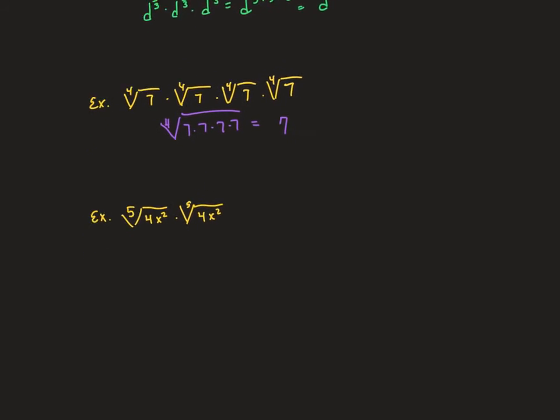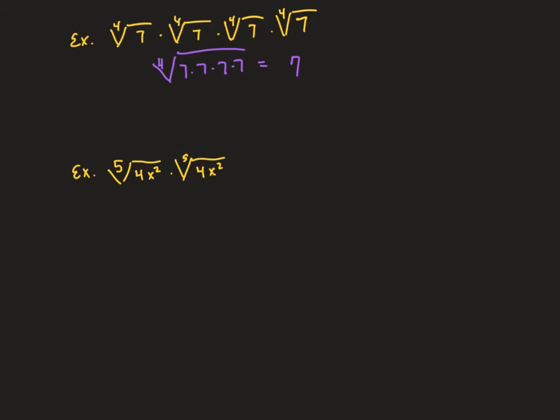This next example is the fifth root of 4x squared times the fifth root of 4x squared. That is simply the fifth root of 4 times x squared times 4 times x squared, which is the fifth root of 16x to the fourth.